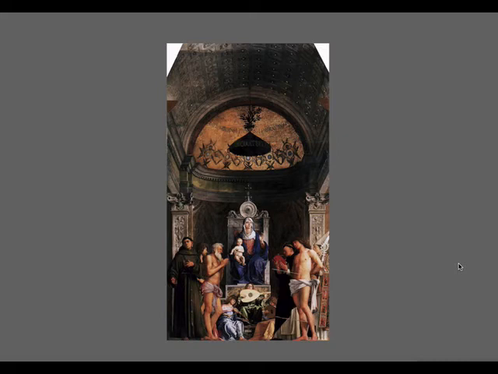What changed from Giotto to the Renaissance, throughout the 100 years from 1400 to 1500, was that artists became more skillful at representing the real world and also at representing an idealized version of the world.